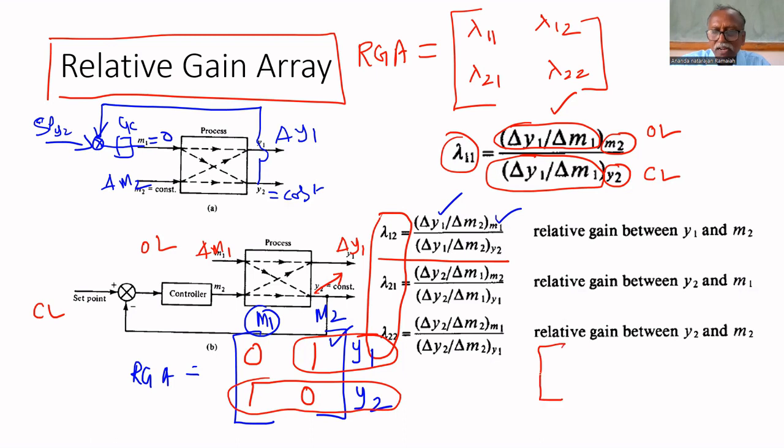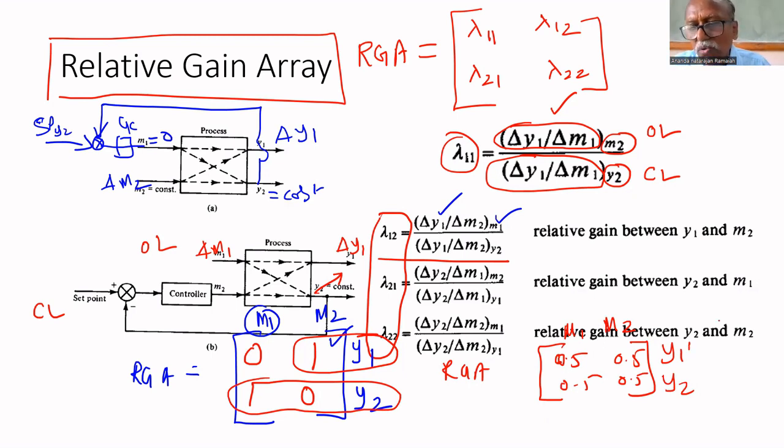Suppose I have another relative gain array. In that case, lambda 11 is 0.5 and lambda 12 is again 0.5. 0.5 means m1 and m2 both have the same effect on y1. Similarly, m1 and m2 have the same effect on y2. Therefore, either m1 or m2 can be used to control y1.